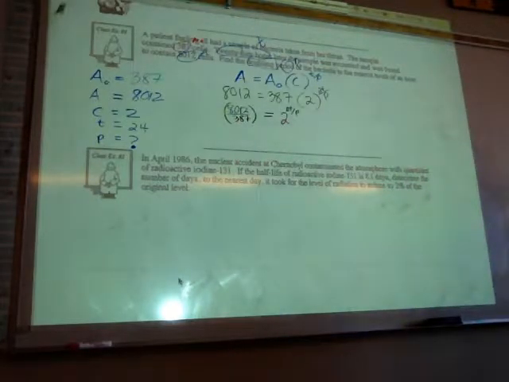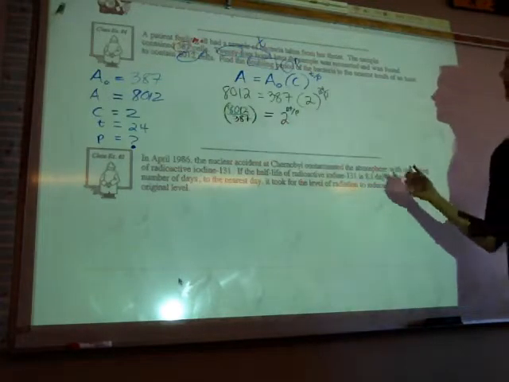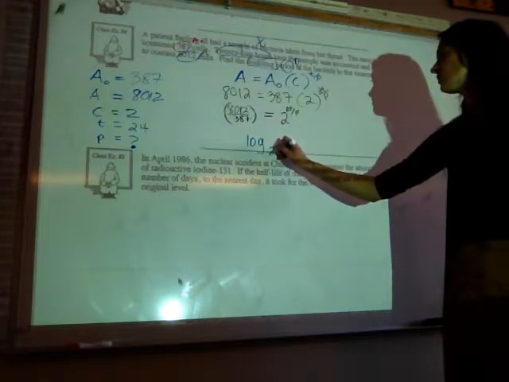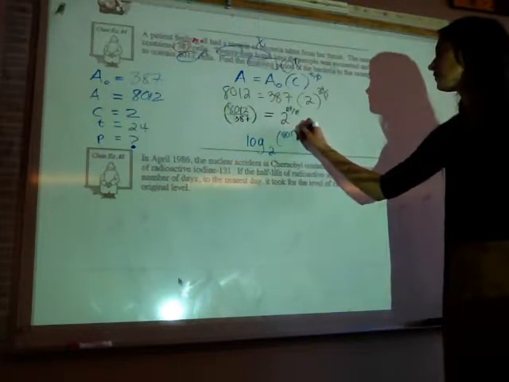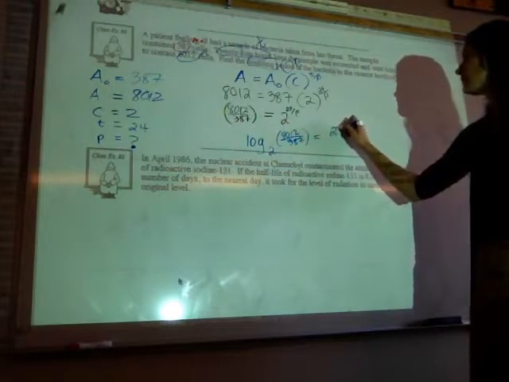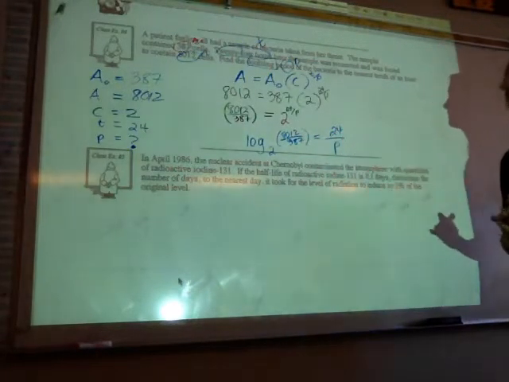No, so we have to use our logarithms. And you can apply a log to both sides, or you can just change it to logarithmic form. I'm just going to change it to logs. So log base 2, argument 8,012 over 387 is equal to 24 over P.